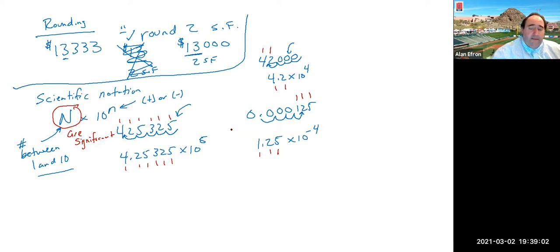Now, I won't go into it too much here because I think we went into it pretty significantly earlier on when we were doing the calculations. A reminder that when you put numbers in your calculator in scientific notation, make sure that you are using your exponent button. Most calculators have an exponent button like one of these.